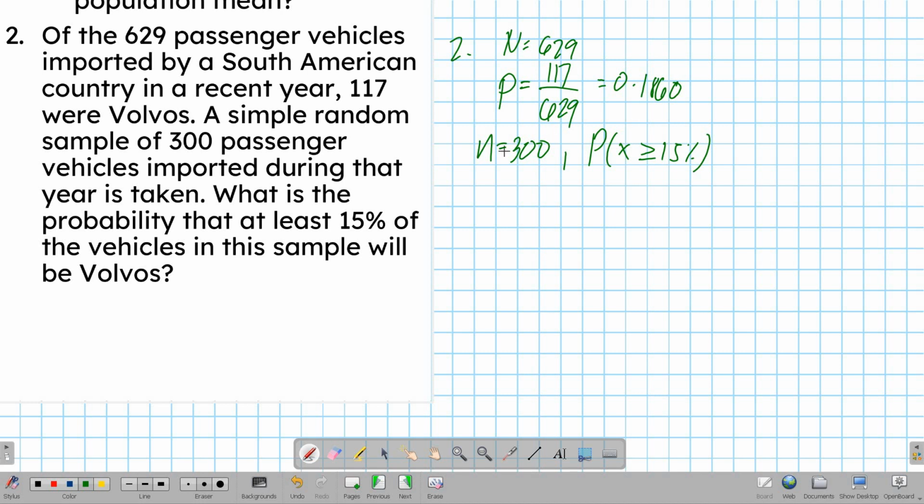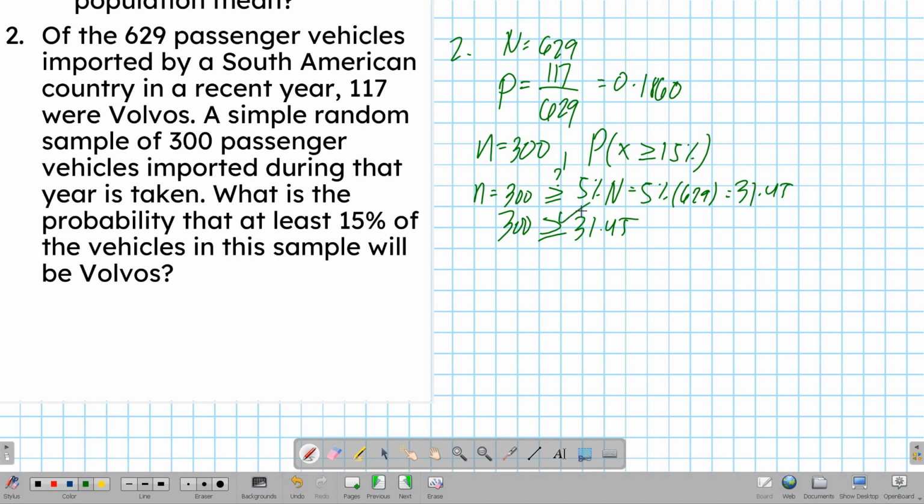So first, the sample size is 300. Let's check whether that is greater than or equal to 5% of the population, and that would be 5% times 629, which, computing for that, we get 31.45. 300 is obviously bigger than 31.45.